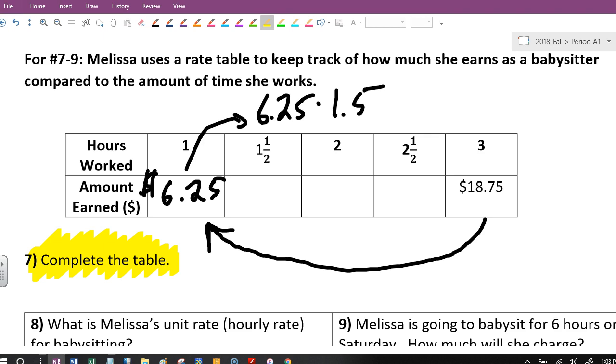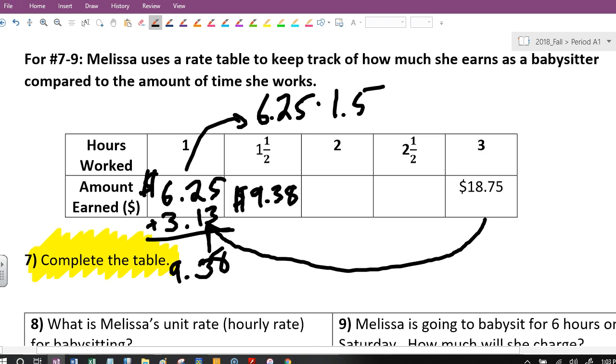It's 12 and a half. So we're going to round up to 13. So we need to add $3 because half of this is $3.13. So $6.25 plus $3.13 is 9.38 because I rounded up. So here, 9.38.